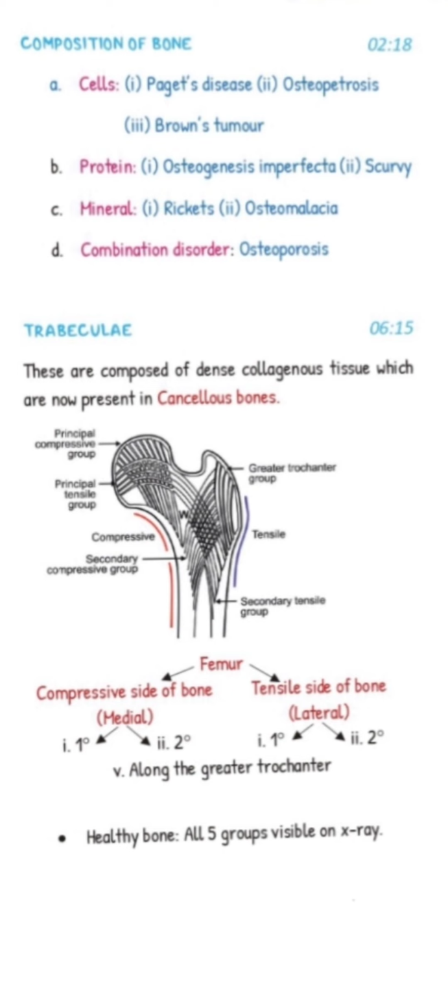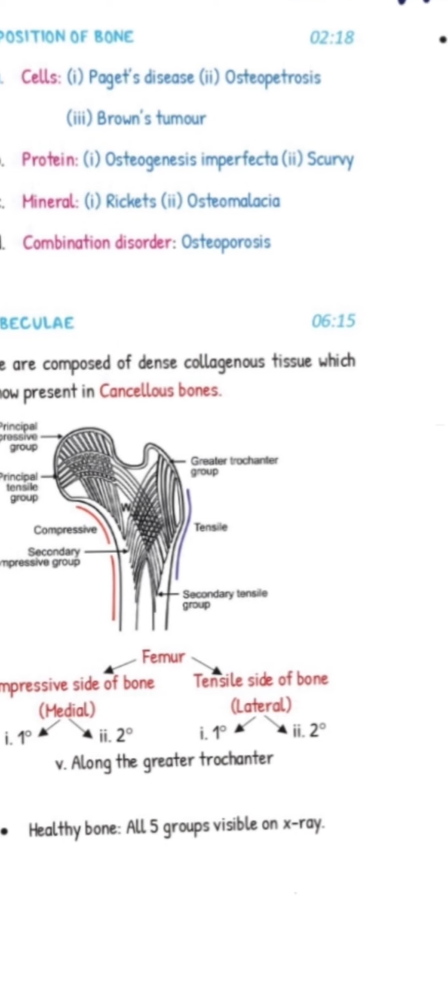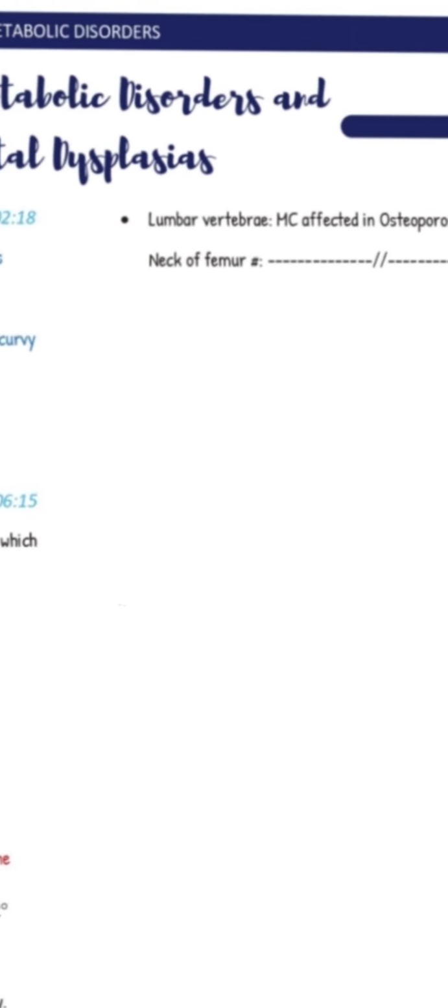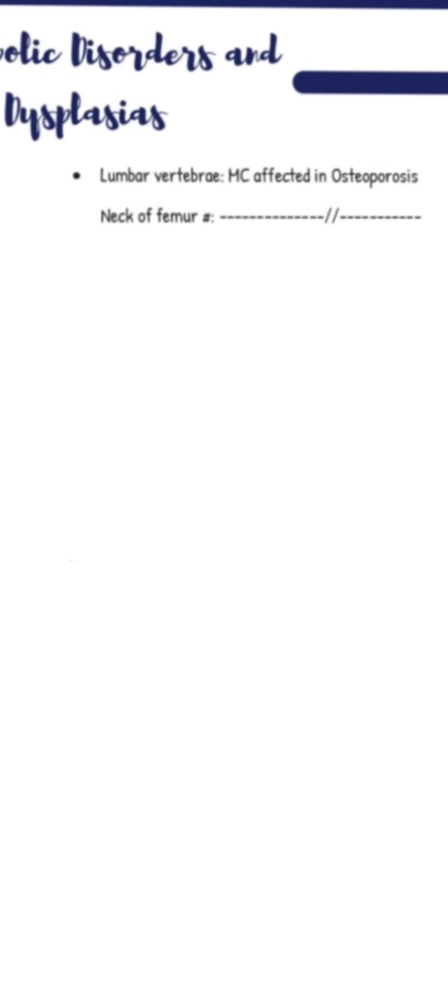The fifth point here is along the greater trochanter. In a healthy bone, all five groups get visible on X-ray. Lumbar vertebra is most commonly affected in osteoporosis. A neck of femur fracture is also affected in osteoporosis, an old age disease.